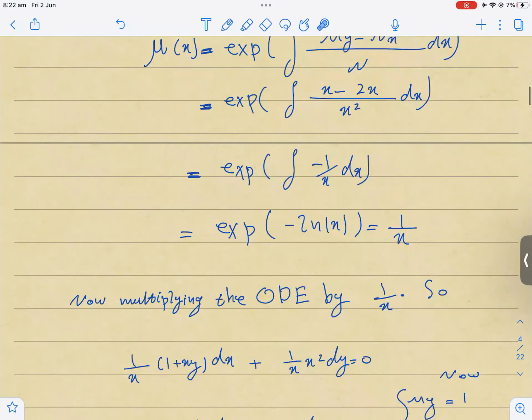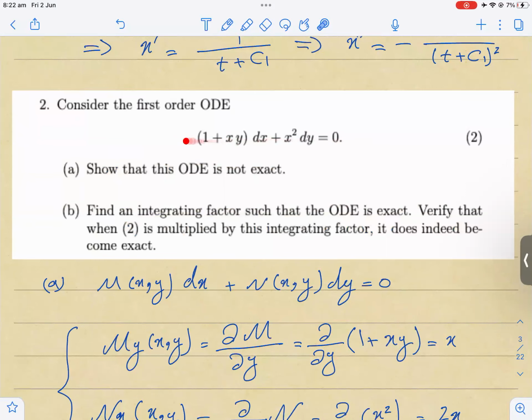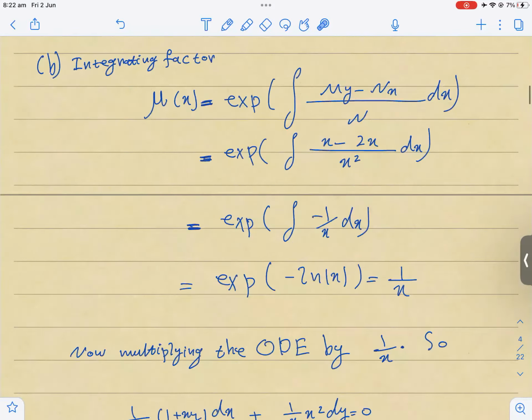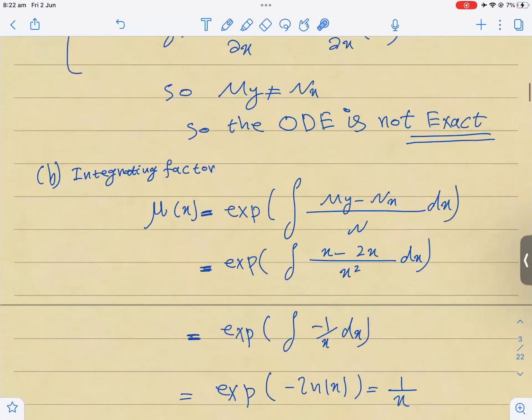So the integrating factor can be 1 over x or minus 1 over x. So anyway, multiplying the ODE by 1 over x, I multiplied it here. All right. So my N will be updated.